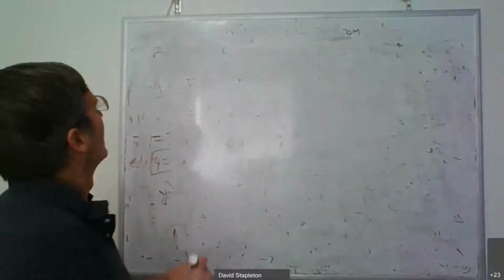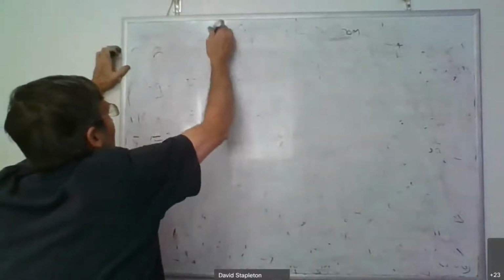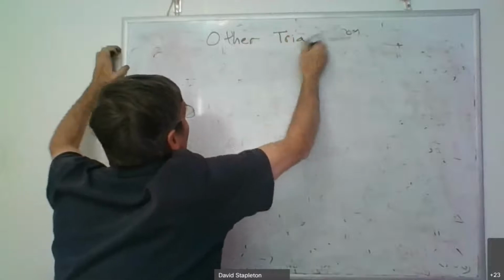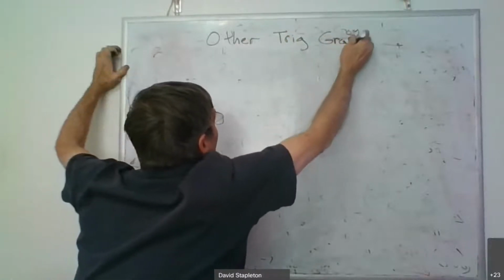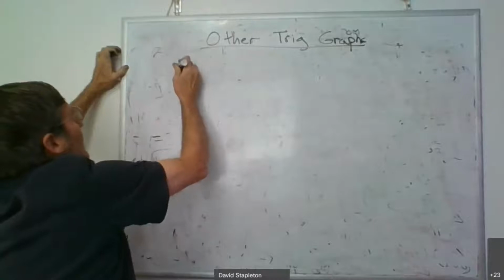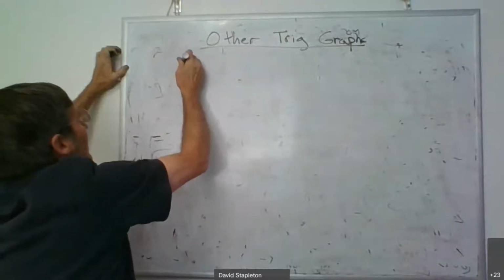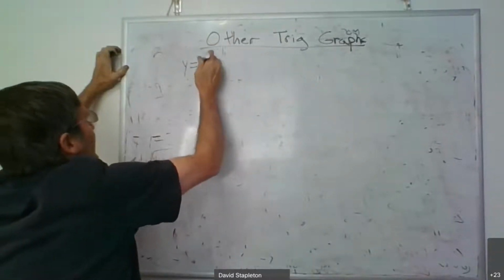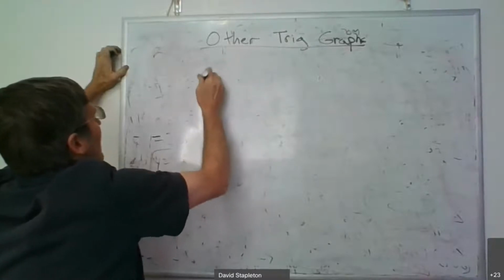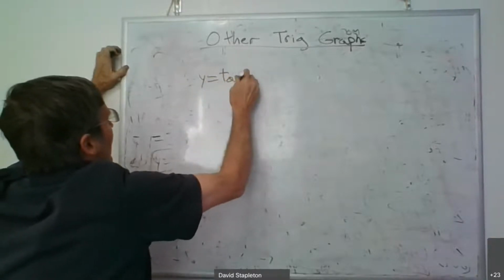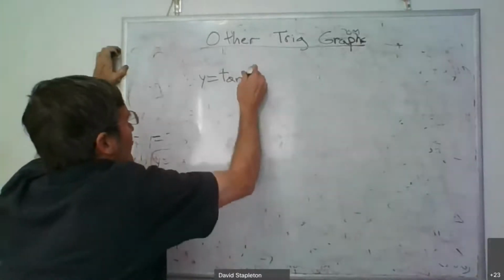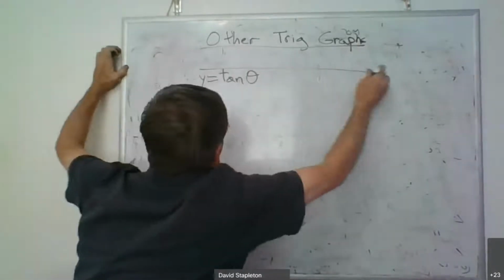Well, let's try and graph the tangent. Y equals tangent x can be gotten as follows. Let's call it first y equals tangent theta and plot that versus theta.